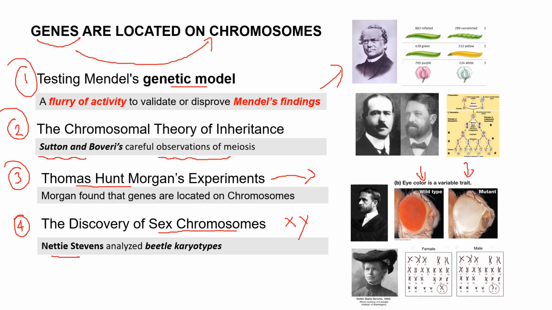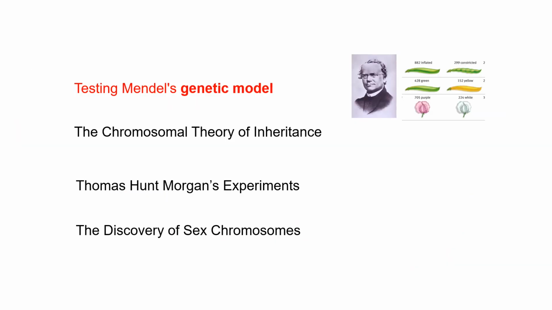These scientists, using the karyotypes that you see here, found that the chromosomes of males and females, the X and Y as you can see here, are different. And that was a key piece of information for Morgan to find that genes were located on chromosomes. So now let's start talking about this first point.